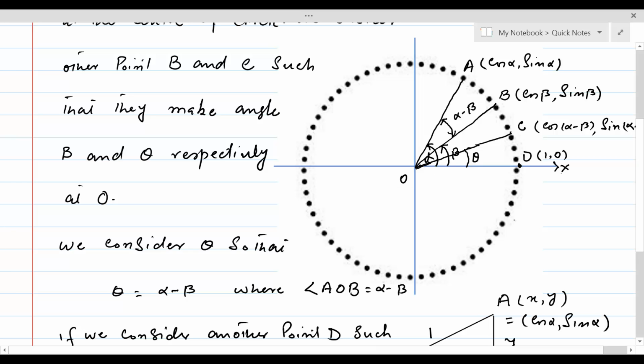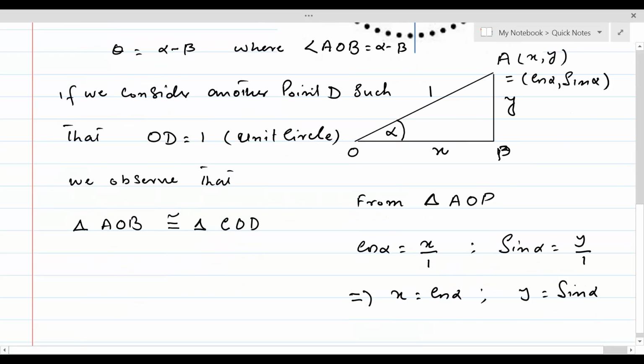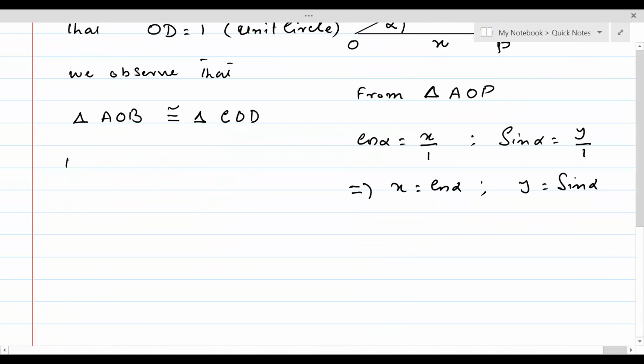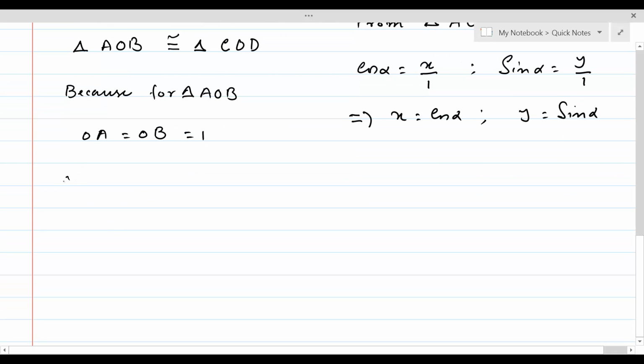Similarly, for triangle AOB, OA is equal to OB and both are equal to 1, and for triangle COD, OC is equal to OD and both are equal to 1.